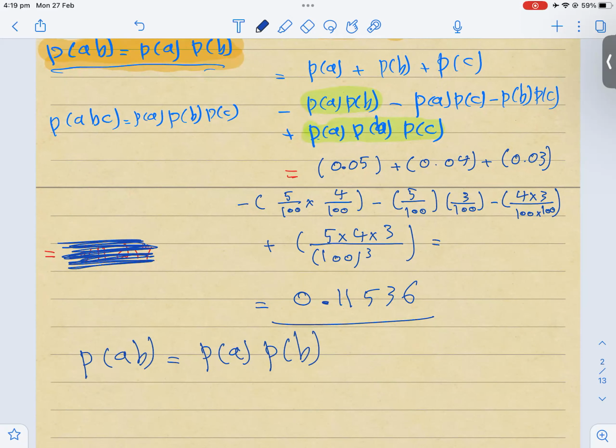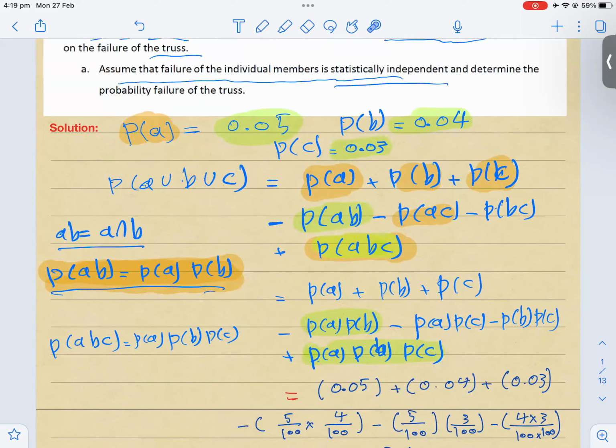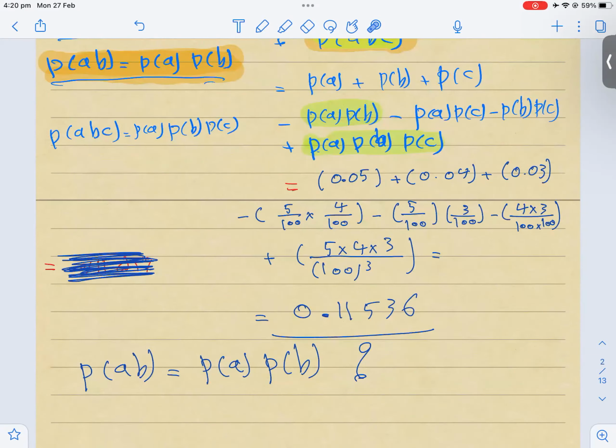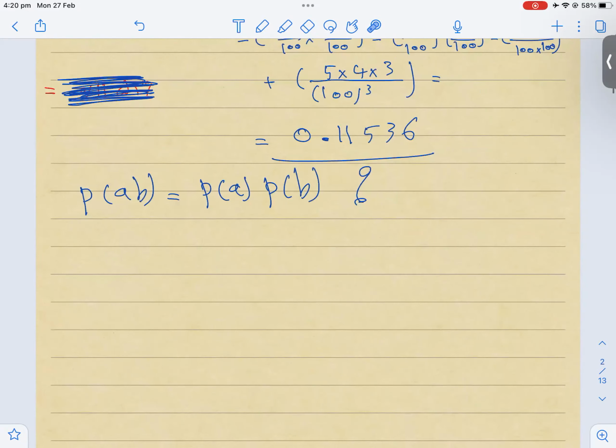It's just a simple formula here, probability of intersection. But the problem is that if we don't know that they are independent, it will be hard. So how was I able to write this one? Any answer for this?